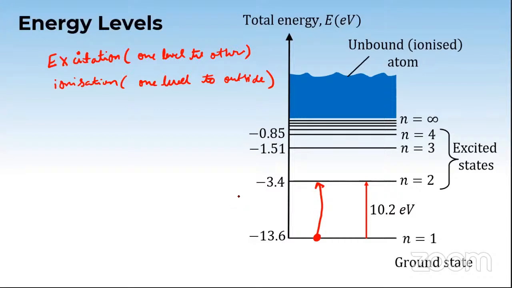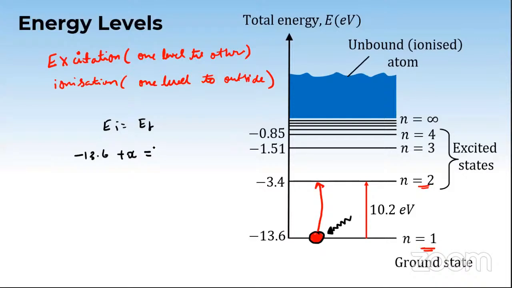Okay. So now I'm going to ask you, what is the amount of energy required to send an electron from n is equal to 1 orbit to n is equal to 2 orbit? How to do this problem? Very simple. Again, I'm going to equate initial energy to final energy. What was the initial energy? The electron had an energy of minus 13.6 electron volt. And I'm going to send a photon here which has some energy x.